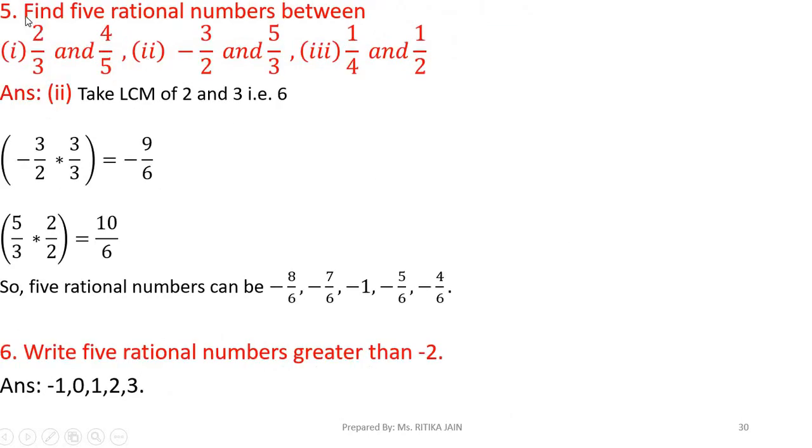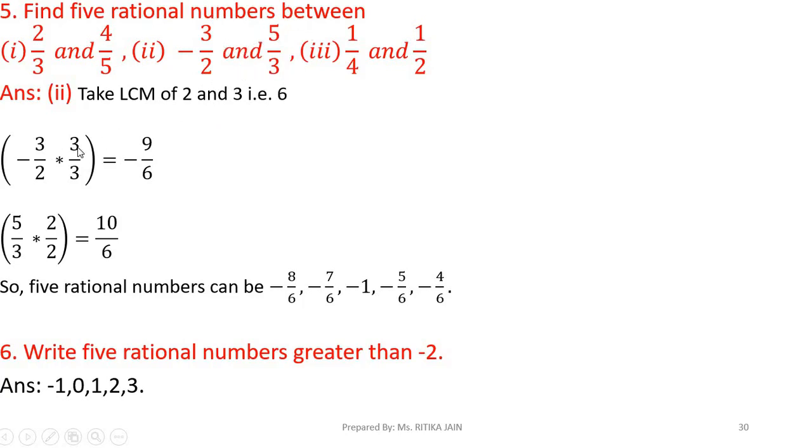Fifth question: find 5 rational numbers between the given numbers. In this question, there are 3 subparts. I will discuss only the second subpart, and the remaining first and third are to be done by yourself. So let's start the solution. The denominators are 2 and 3. So take the LCM of 2 and 3. It will give you 6. Now make the denominator the same for both rational numbers.